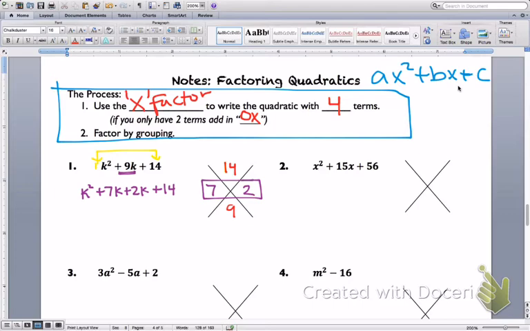And now I'm going to go ahead and factor, and I'm going to factor by grouping. So I make my 2 groups of 2, and I check out what's in common in each one. First term, k times k, 7 times k, they have a k in common, so I'm going to factor out the k. So k, I get k plus 7 as my leftovers.